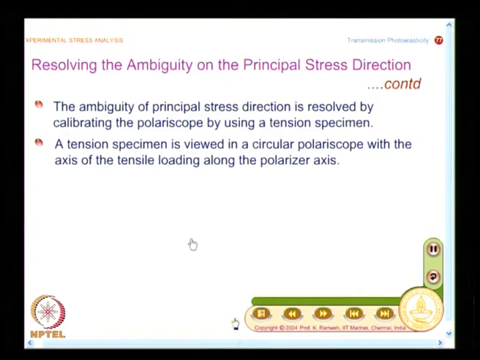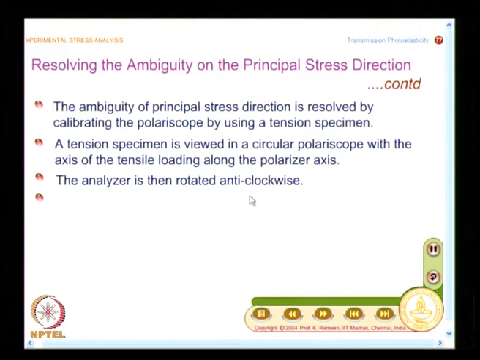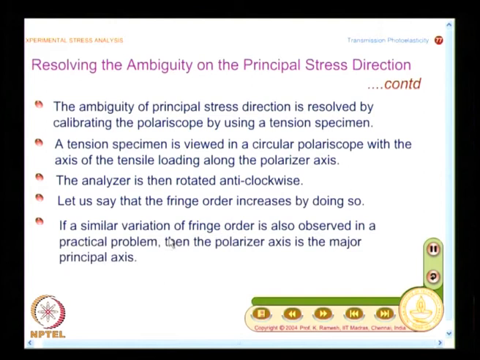So, what I do is I have the analyzer rotated anti-clockwise, then I observe how the fringe order changes. Let us say that the fringe order increases by doing so. Then what I understand is, I know the original major principal stress direction was along the polarizer axis, and when I rotate the analyzer anti-clockwise, the fringe order has increased.